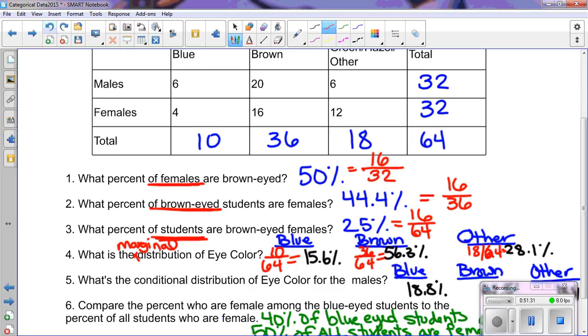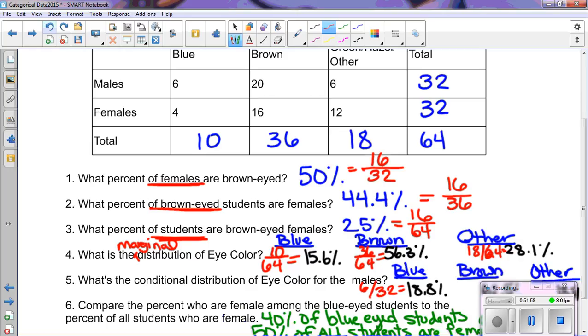All right. And then we look at the conditional distribution of eye color for the males. We're going to say 6 divided by, of the males, 6 divided by 32. Is that 18.8%? Double check me. What's 6 divided by 32? Y'all have calculators.